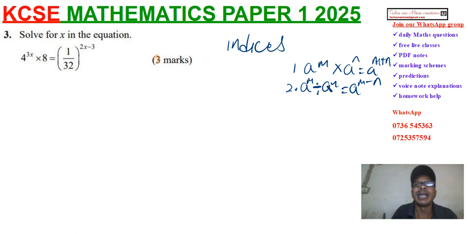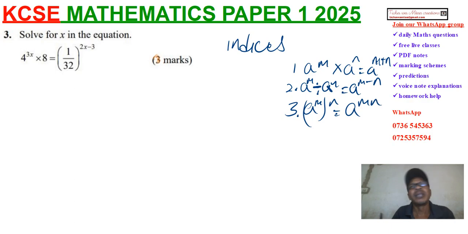And the third rule of indices: a to power m, that is to power m, then in bracket to power n, is equal to a to power m multiplied by n.